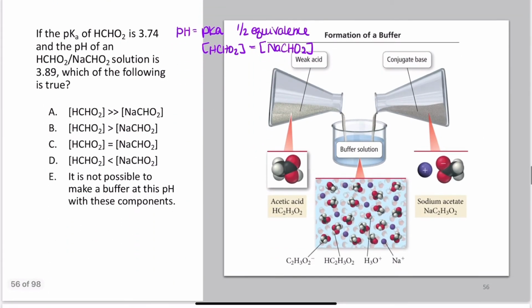We know that our pKa is 3.74. We know that the pH is bigger than that, at 3.89.